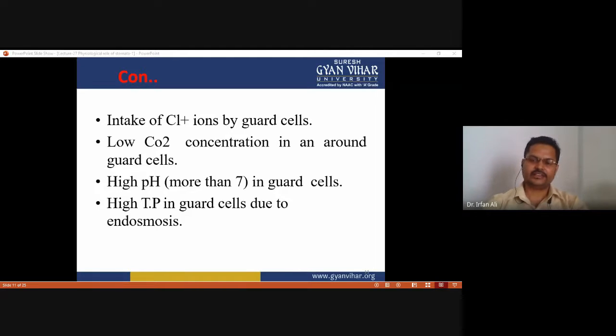When water comes into the guard cell from subsidiary cells, this process is called endosmosis because water flows in. This leads to increased turgor pressure of the guard cell, which favors the opening of stomata. So these are all the conditions favoring the opening of the stomata.